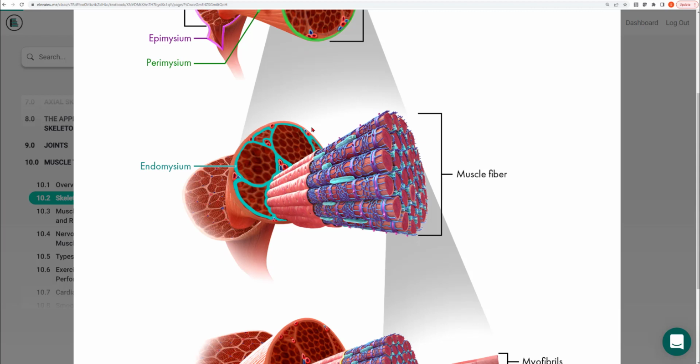And inside the fascicle, we see that it is a group of cells. So each of these is a cell, and the cell is surrounded by a layer of connective tissue called the endomysium. So what is protruding here is actually the muscle cell, aka the muscle fiber. Okay? And what we see is that the muscle cell itself has its own cell membrane.